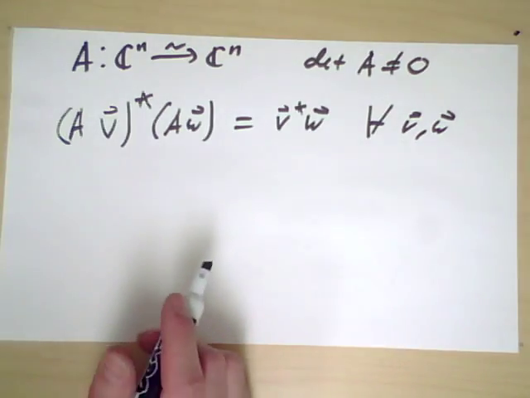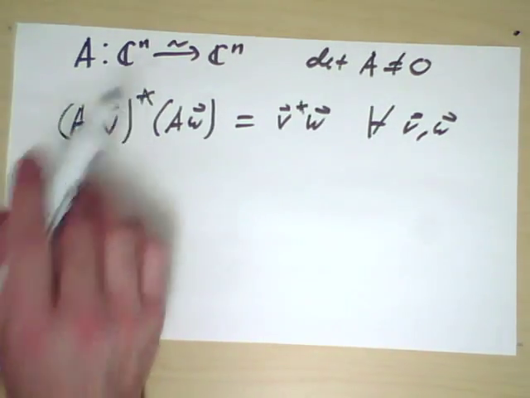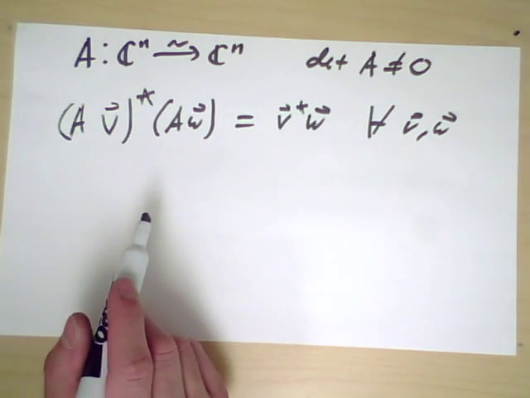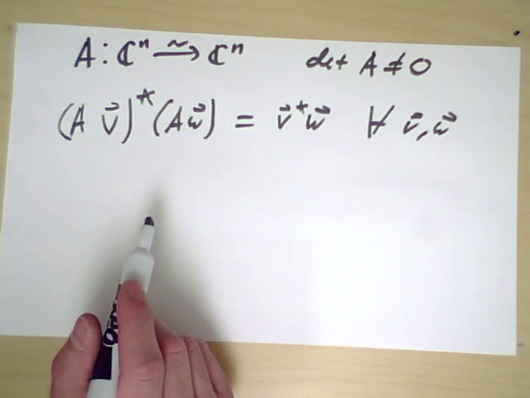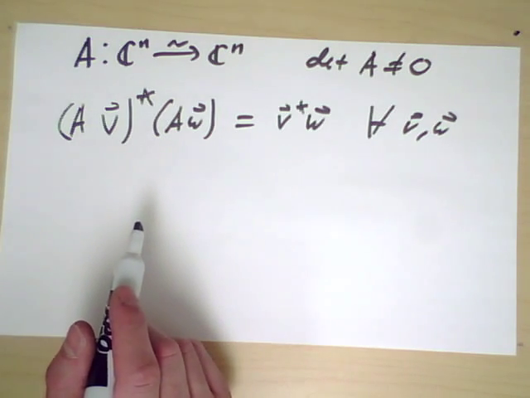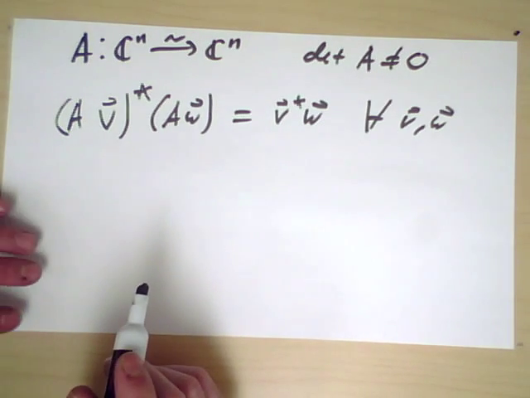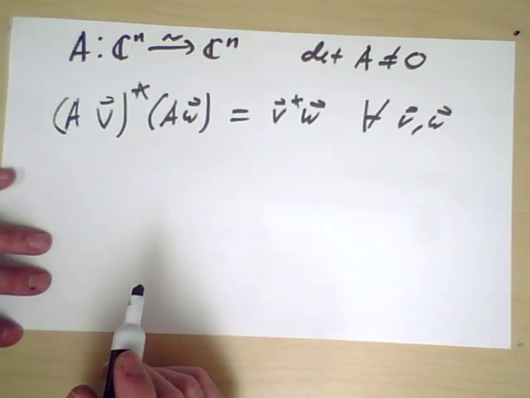In other words, what's the condition that this isomorphism of Cn preserves the Hermitian inner product and therefore preserves length? By the way, it also preserves angle, but our notion of angle has to expand to be a complex angle, which is more like an exponential or a logarithm than it is like a traditional sine or cosine. Okay.